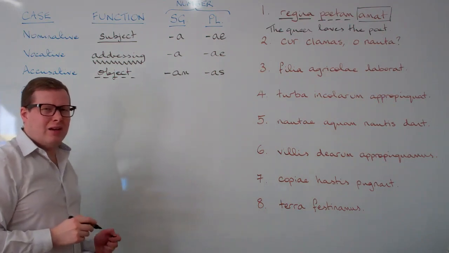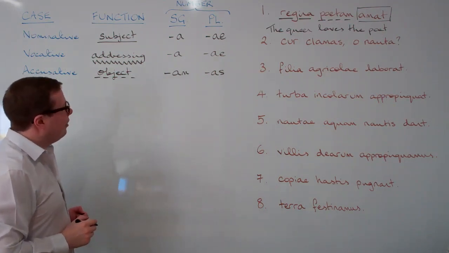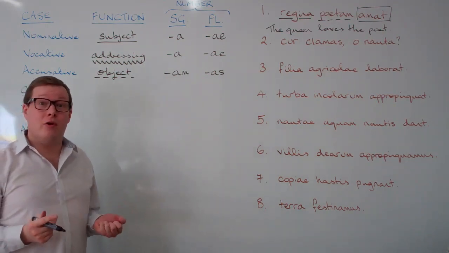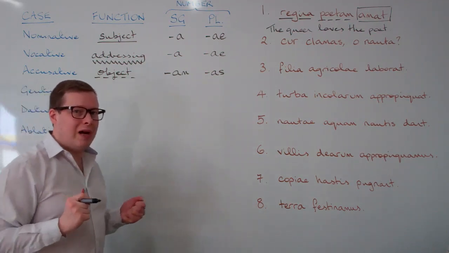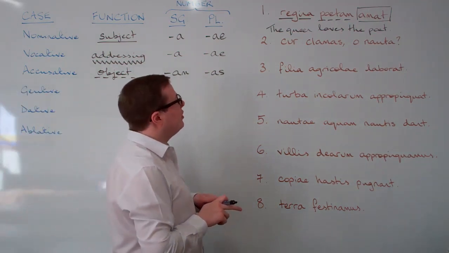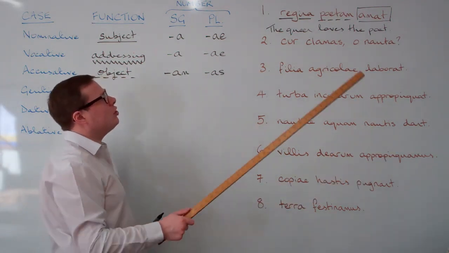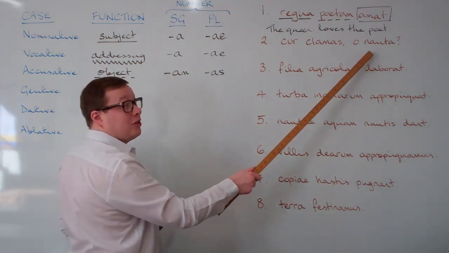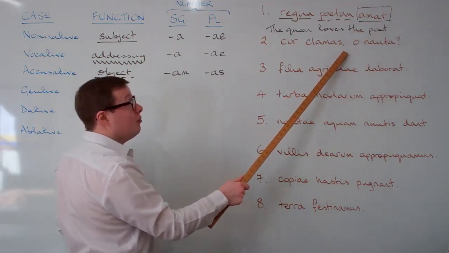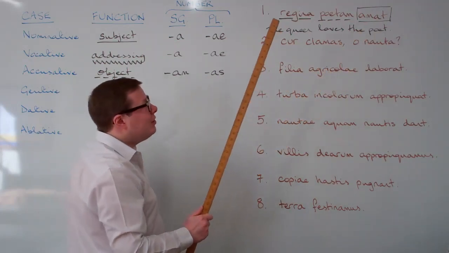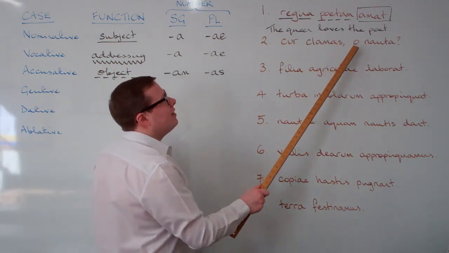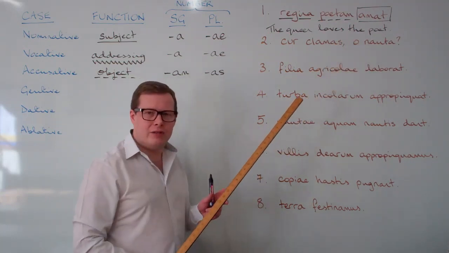You might then ask, how can we tell whether something's in the nominative or the vocative case? There are 2 ways. Firstly, if we consider the example in number 2, the vocative is usually split off from the rest of the sentence using a comma or 2 commas. It also, very often, has this little word O in front of it.